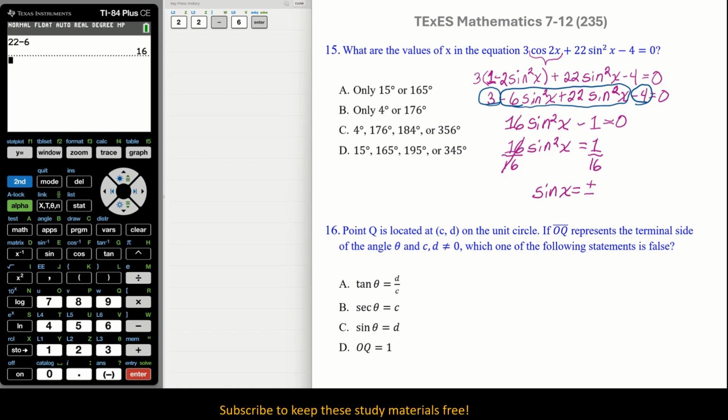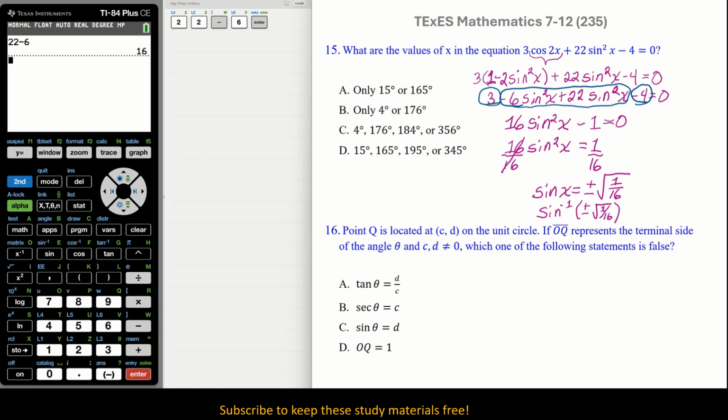Remember your positive, negative, and put 1 over 16, okay, under the radical. Now, of course, now we just need to use the sine inverse, okay? And then we will put either, first we'll do the positive, then the negative of this square root over 16, okay? So let's do that and see what happens, all right?